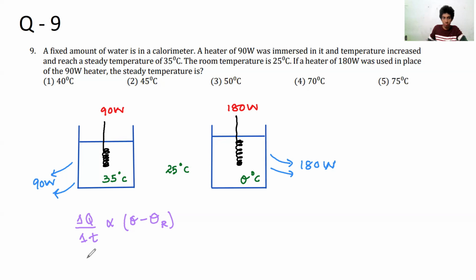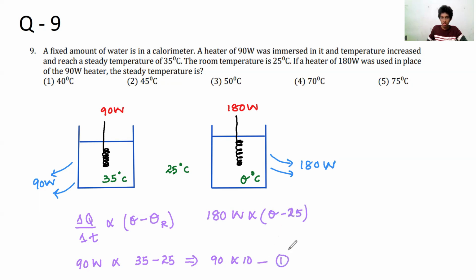So when applied to the first instance, we can write 90 watt is directly proportional to 35 degrees Celsius minus 25 degrees Celsius. So that means 90 is directly proportional to 10. Similarly, at the second instance, 180 watt is directly proportional to theta minus 25 degrees Celsius. So this is the first one and this is the second one.